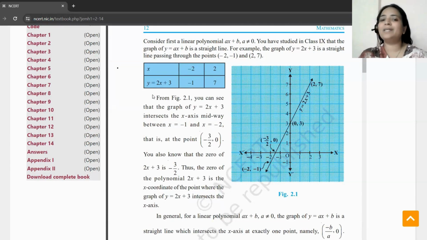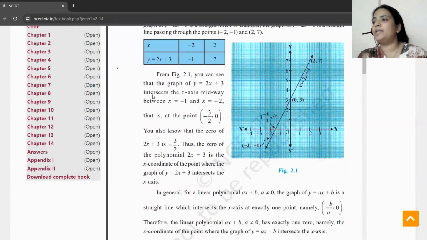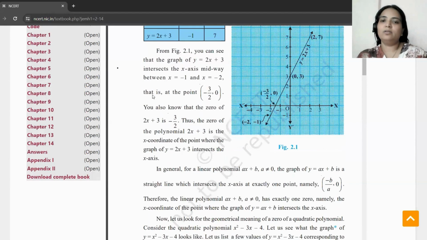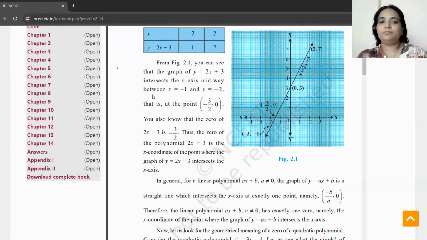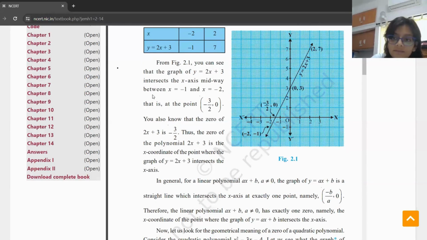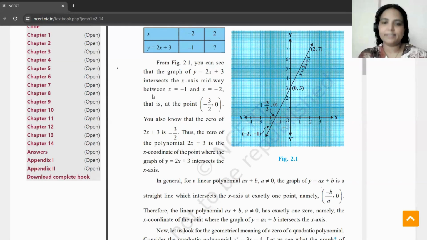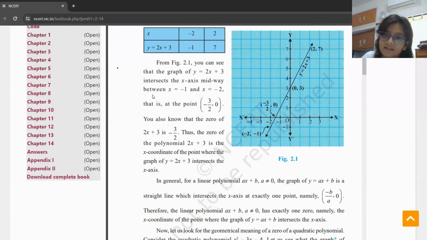And it will always cut the x-axis at just a single point, be it positive x-axis or negative x-axis, but it will cut the x-axis at only one point. What is that point here? Can Gauri tell me? Gauri? Yes, ma'am. Ma'am, on the figure 2.1, the point is -2 on the x-axis.